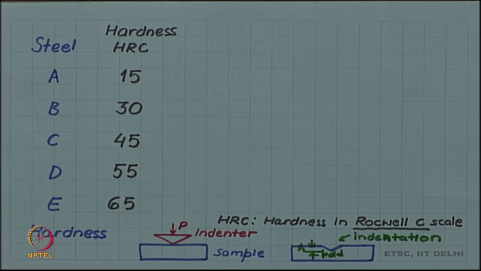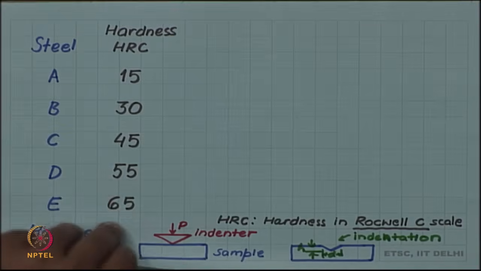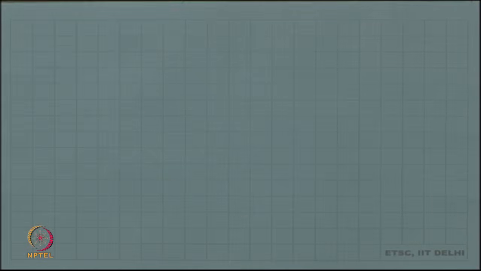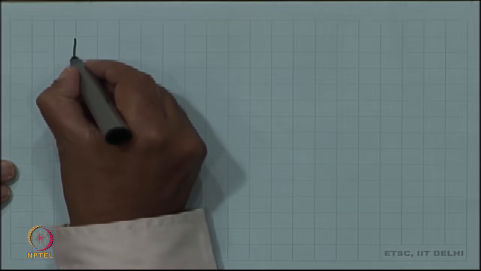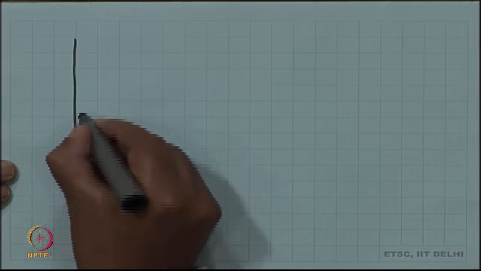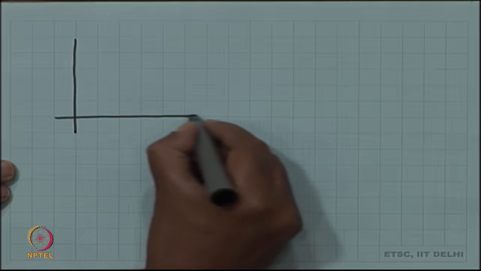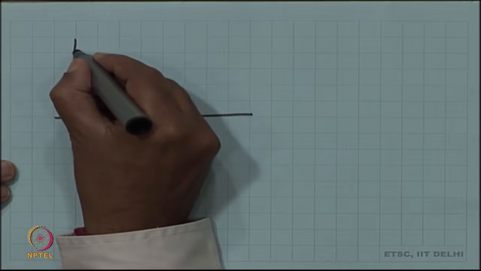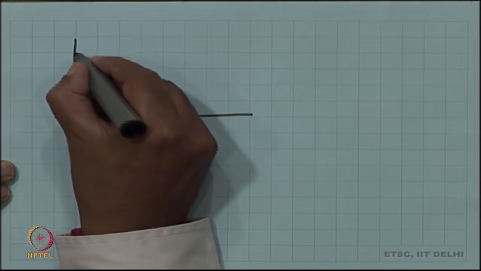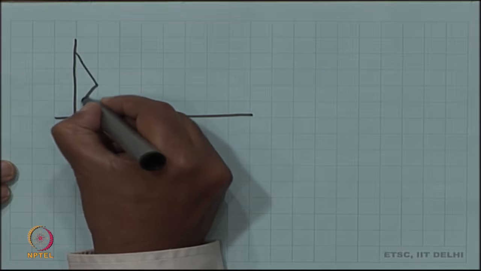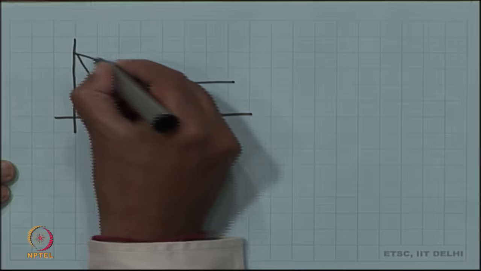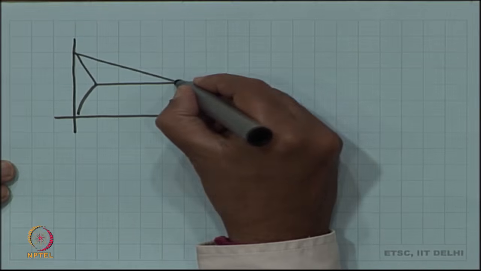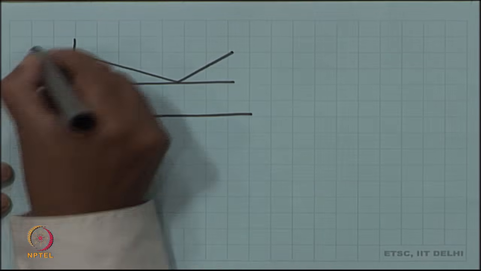If you remember for the moment our iron carbon diagram. Recall that we studied the iron carbon diagram in detail, and we said that it was the lower portion of the iron carbon diagram which was of interest to us.